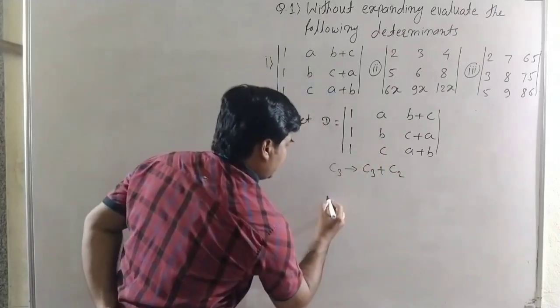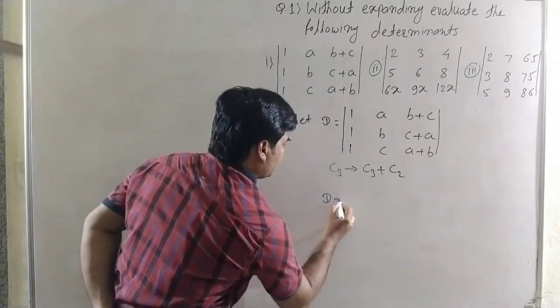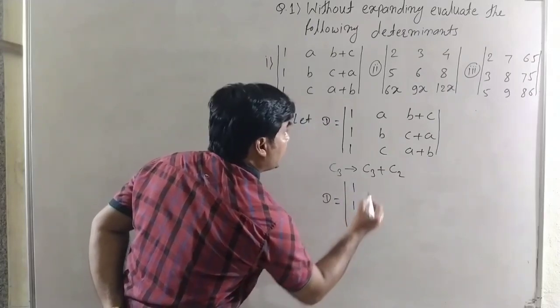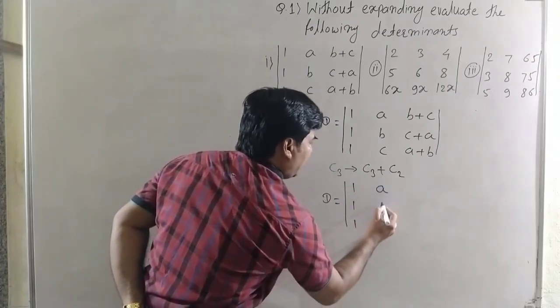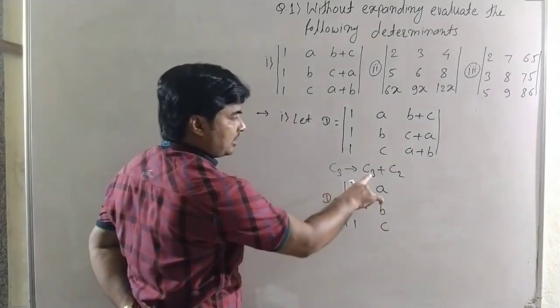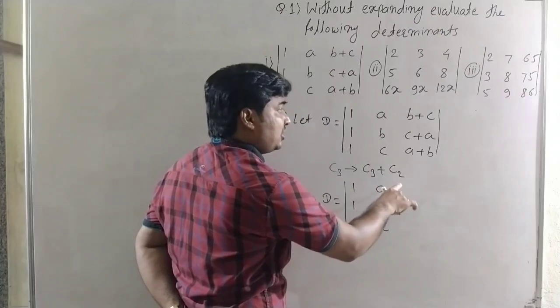Therefore our determinant is equal to: first column as it is, 1, 1, 1. Second column as it is, a, b and c. And now the third column is replaced by C3 plus C2.